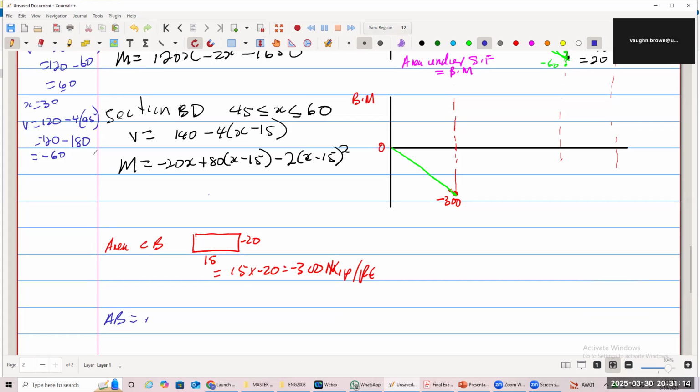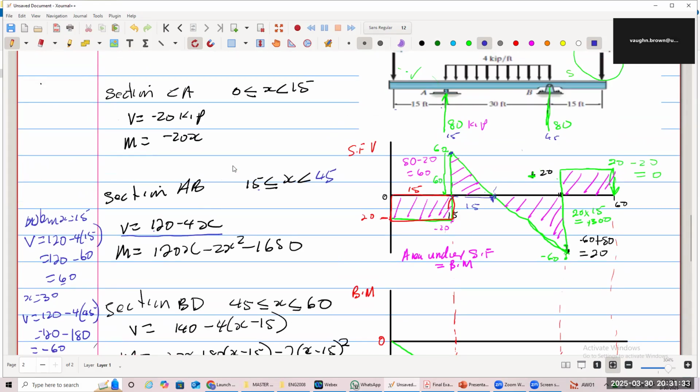120 minus 4x. So when x equals 30, let's check and see what value we get. So it's 120, because that range was between 15 and 45. Remember, this is 15, this is 45.